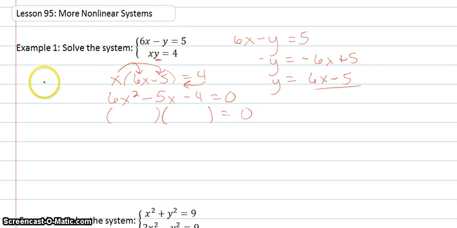So factors of 6, we have 2 and 3, 1 and 6. And then I also need to consider my factors of 4, which are 2 times 2 and 1 times 4. So if I try the 2 and 3, and the 1 and 4, and I need a negative 5, so I'm going to try a negative 4 here and a positive 1.